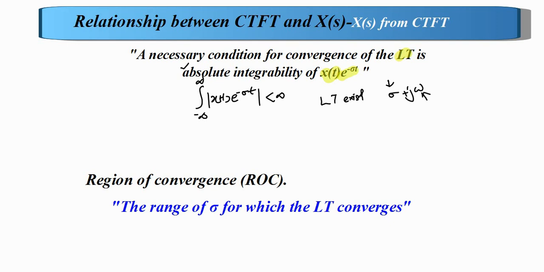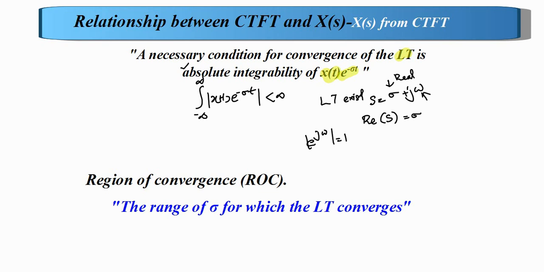This S is sigma plus j omega, so either we can say sigma, or real part of S. Real part of S is sigma. And when you take the modulus, e raised to j omega is always 1. That's why we restrict our attention only to the real part.